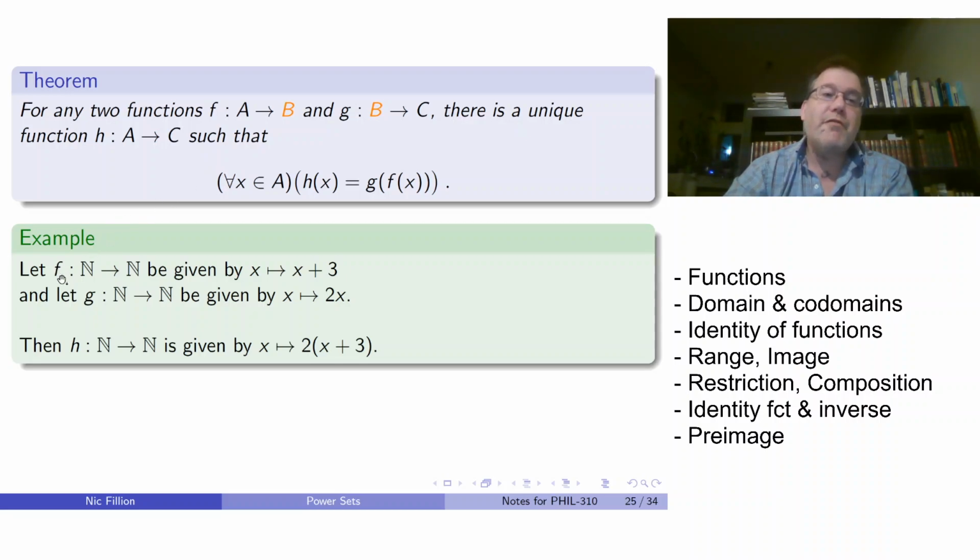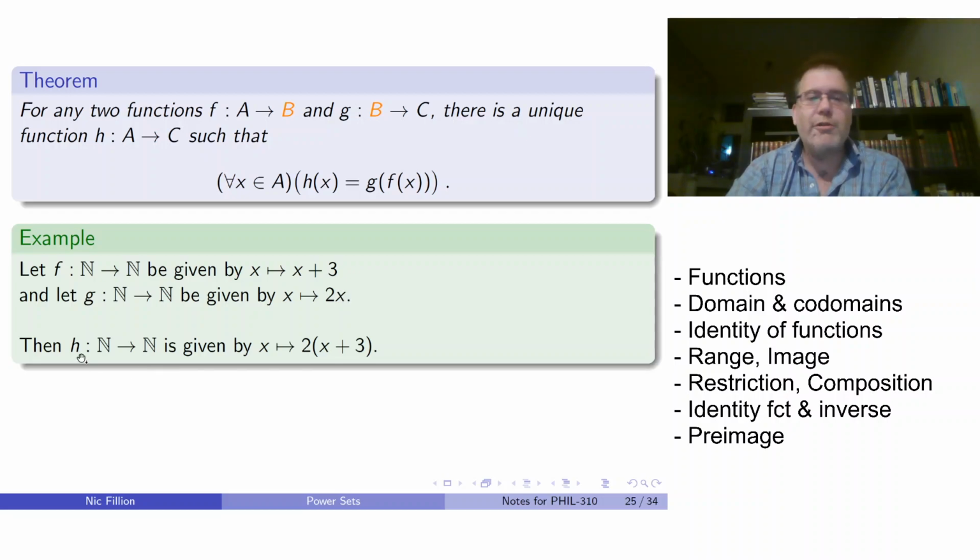Let's suppose we have a function f that takes a natural number and sends it to a natural number. It doesn't have to be different, but here it will be different because it maps x to x plus 3. And then a second function g that also takes a natural number and sends it to a natural number. So we see that the codomain of f matches the domain of g. And g takes x and maps it onto 2x.